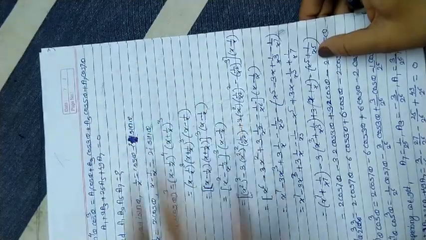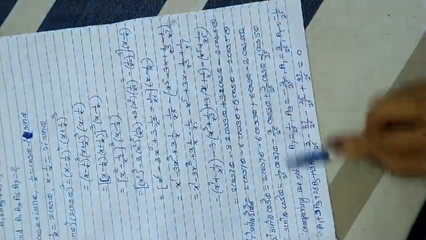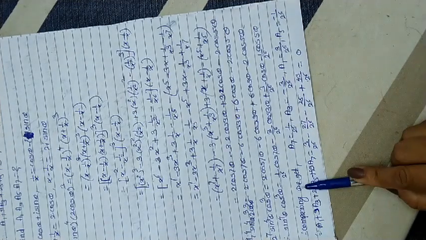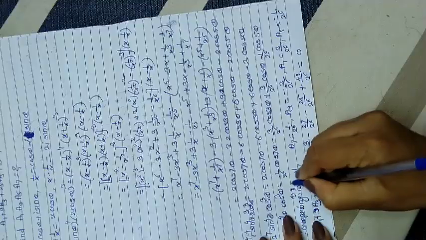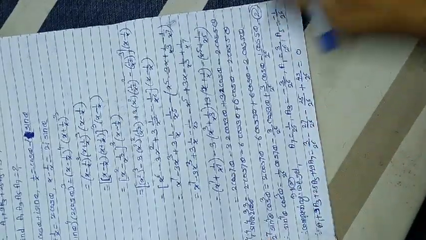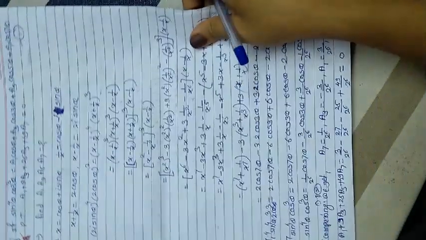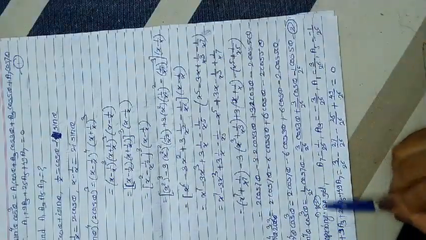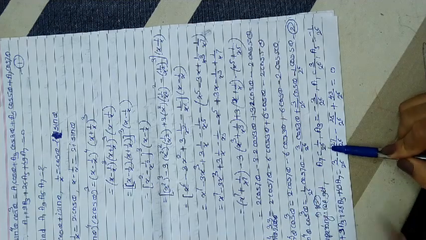Therefore comparing this with this equation, comparing here, this is the original equation 1. We get a7 value is nothing but 1 upon 2 raised to 6.